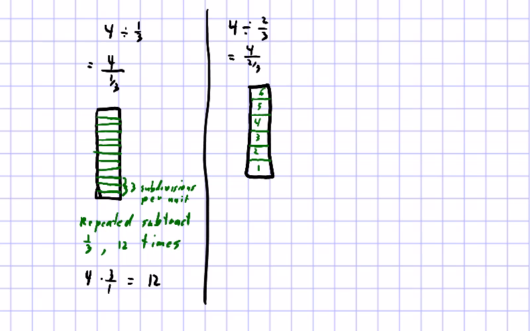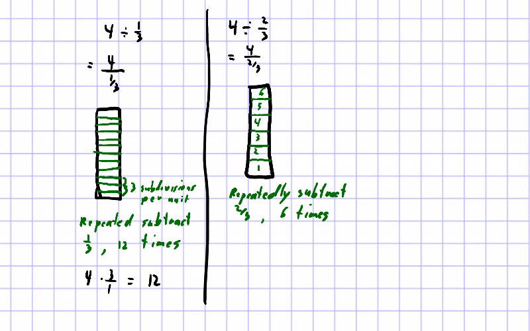So we can repeatedly subtract 2/3 six times, which is exactly half of what we had before.